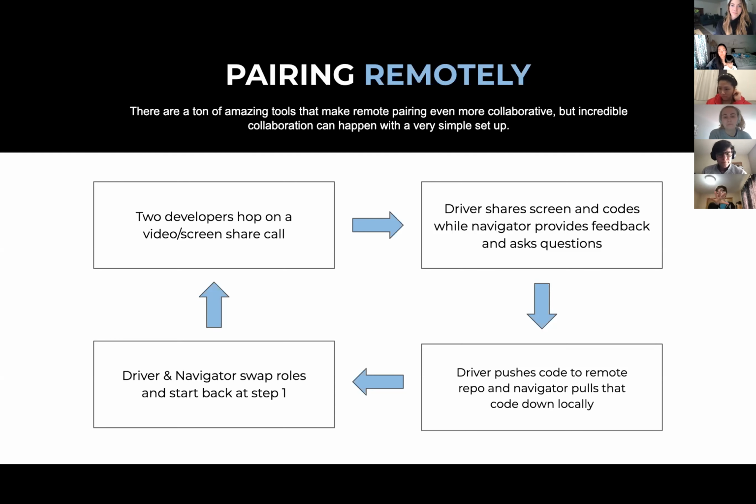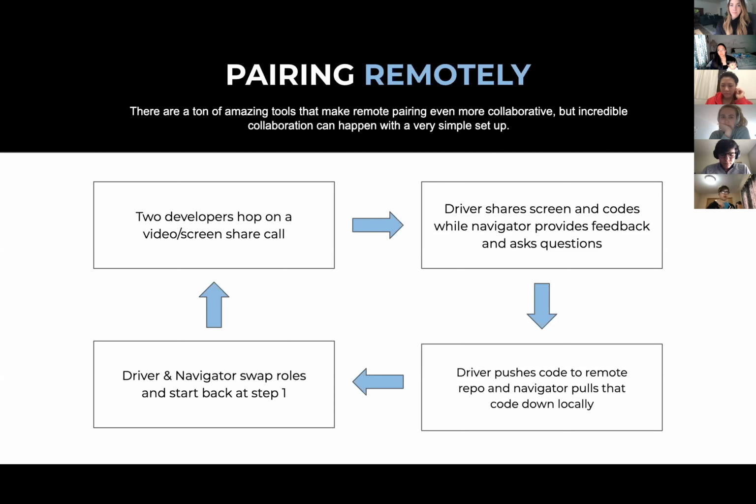So what this can look like in practice for Collab Lab is that you'll hop on a call or video screen share. One person is driving and is sharing their screen. They're collaborating, asking questions, getting clarification. And then to me, the most important part is having the opportunity to switch roles, right?